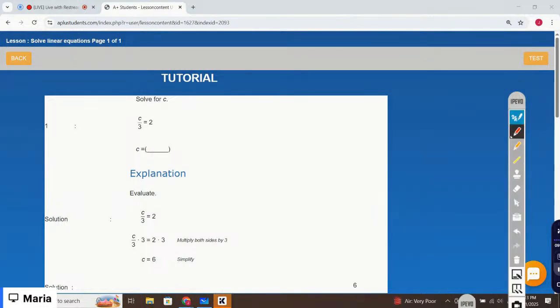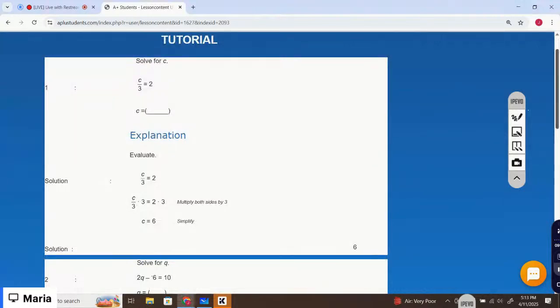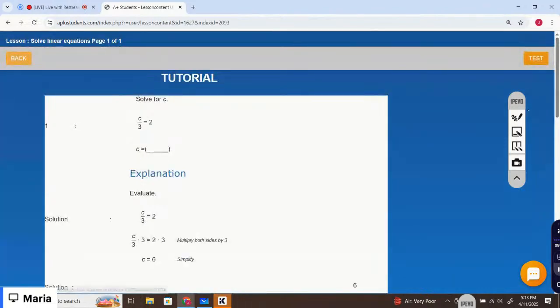That is 6. So C equals 6. Let's just start with the test questions.